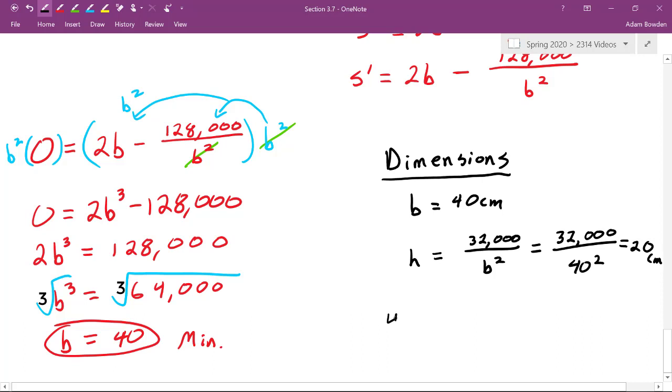So the dimensions here would be 40 centimeters length, 40 centimeters width, and 20 centimeters height.